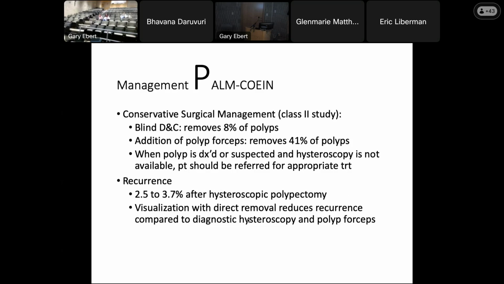There's about a 2.5 to 3.7% recurrence. It's important to counsel your patient on that, especially if they have the above-mentioned risk factors of obesity, tamoxifen use, hypertension. You don't want to do the procedure, have them come back a year later with another polyp, and ask why you didn't remove the polyp. Well, I did, but they can recur. Also, visualization and direct removal with hysteroscopy has been shown to decrease recurrence, because you're probably getting the polyp more at the base and removing it in its entirety.